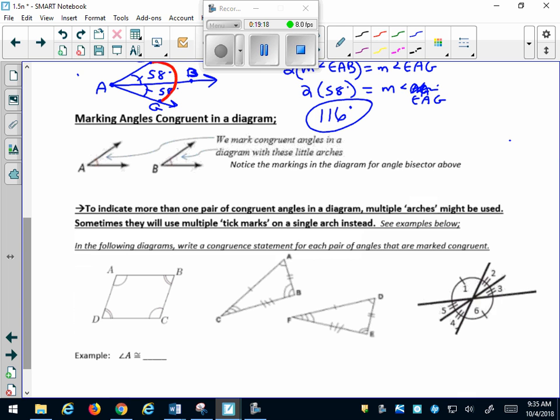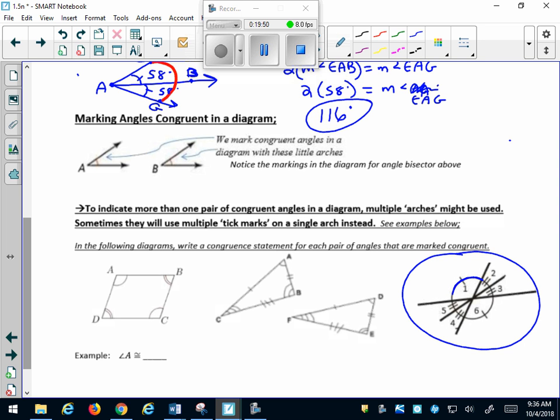There's a way of telling what they're trying to tell you in a diagram. So marking angles congruent in a diagram, sometimes we just mark it with these little arches, okay? But sometimes, like I said, they put little tick marks on them. Let's just skip down here. Look down to this diagram here. You see how it was going to be too confusing for them to have little arches everywhere? So they use these little tick marks.